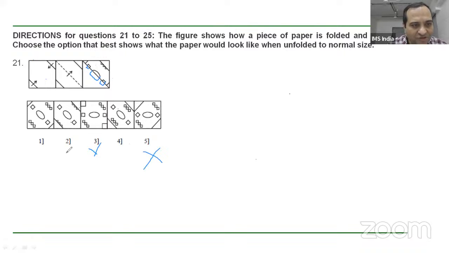So 1, 2 and 4 remain. Also there is a cut given here, so I will get a cut here also, and here, and here. Because of which option number 2 and option number 4 get eliminated. So the answer is option number 1.